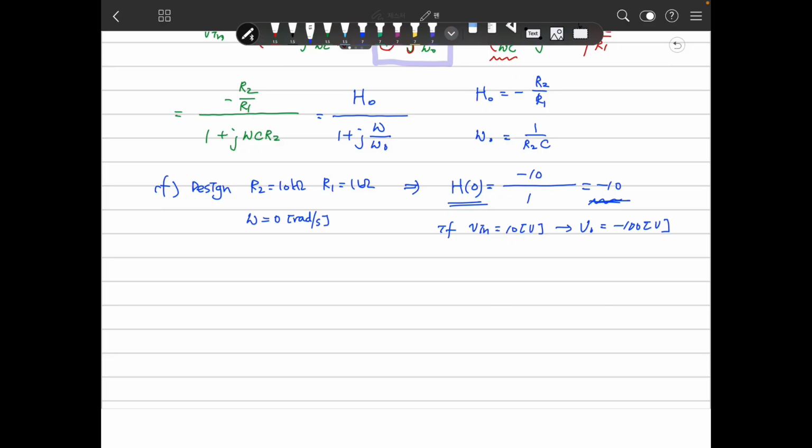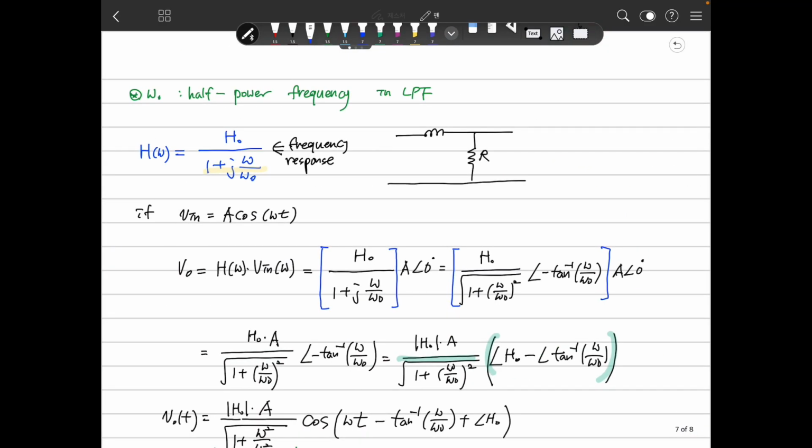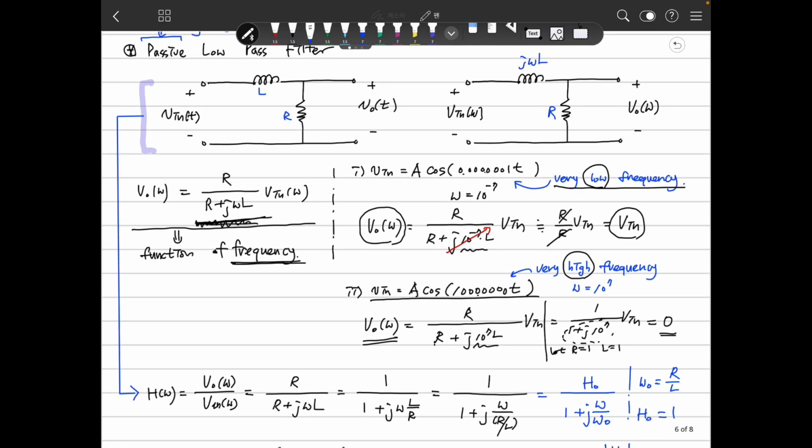So in the active low pass filter, the high frequency is rejected by the filter. But when you pass a signal like DC, you can make the DC gain higher than 1, like 10, 100, or 5, 2, whatever it is. In the same manner, you can reduce the DC gain to very small. So this is the advantage of active filters. But how about passive filters?